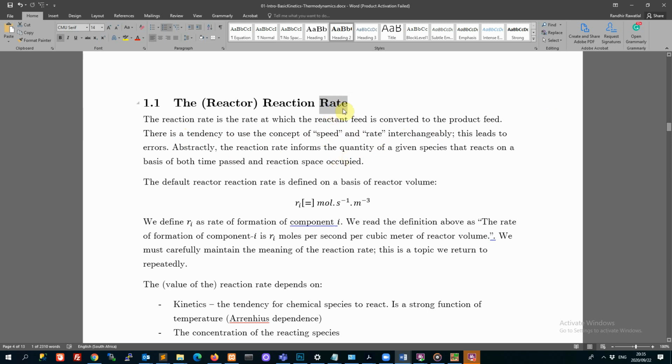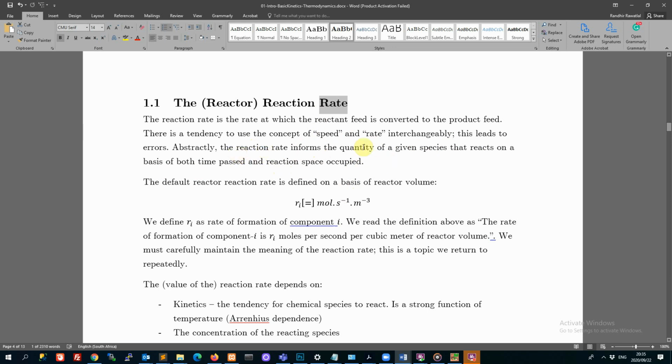You'll find in chemical engineering, the better you understand this concept of rate, the easier it becomes to understand much more complex concepts. So right now we'll just say the rate is the frequency at which you are translating one type of chemical component into another, and that rate is given to us on a basis of time passed and reaction space occupied.